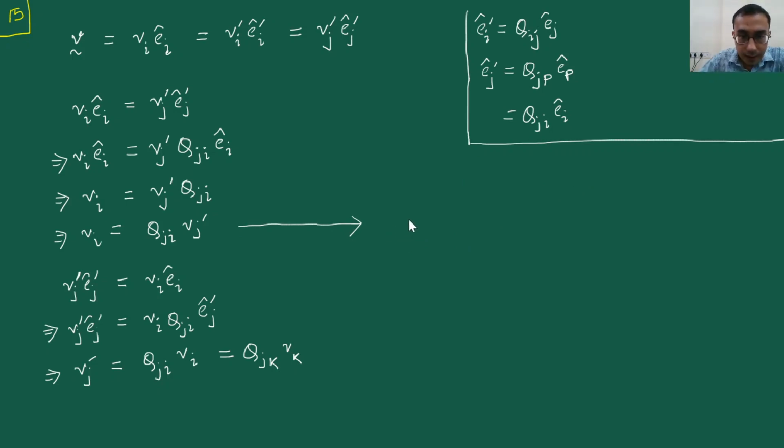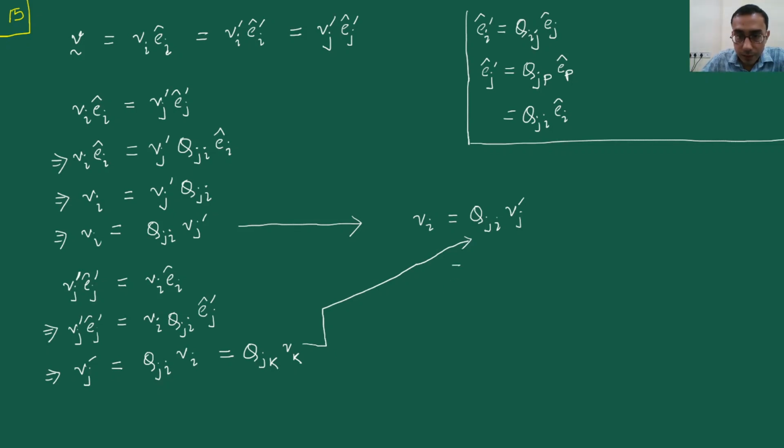So I write this again as Vi is equal to, I just repeat it, Qji Vj dash, and here I utilize this particular expression.